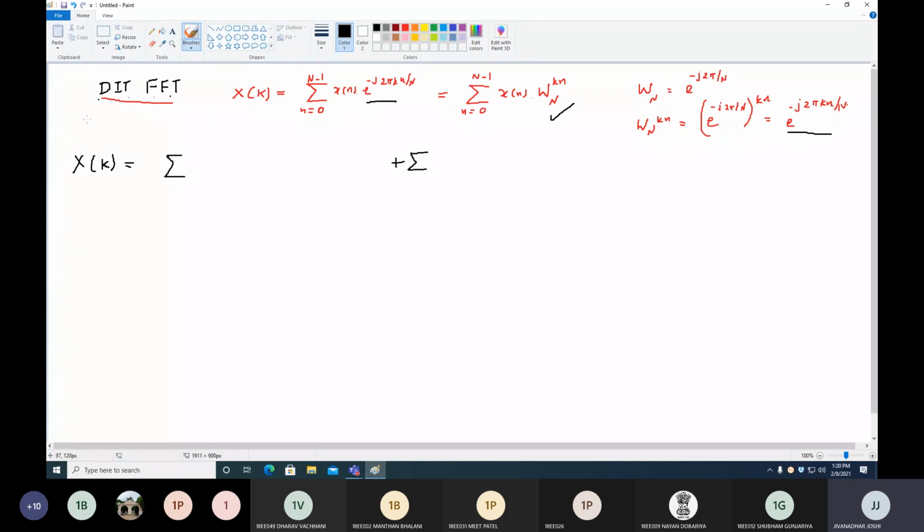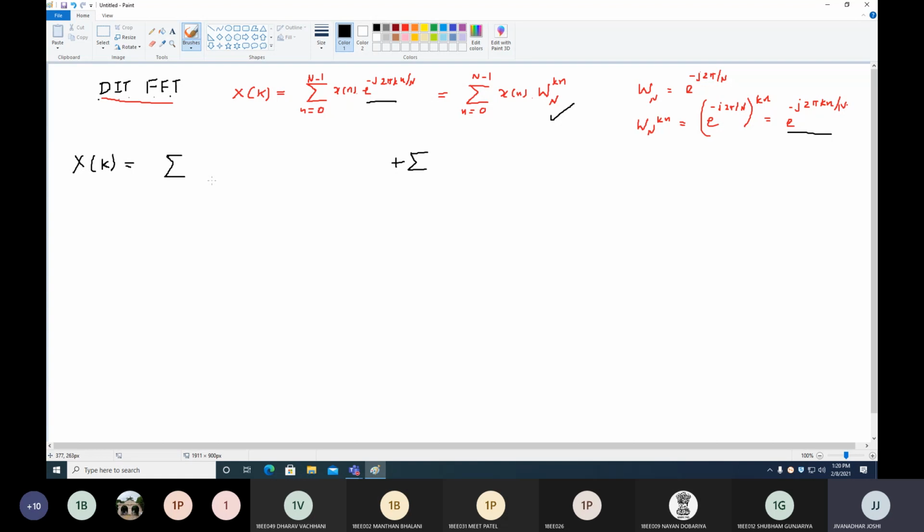But ultimately this total, that is summation part A plus summation part B, should be equal to summation n equal to 0 to N minus 1 x of n W_N raised to kn, right? It should not change my result, otherwise I cannot write down equal to here, as I am going to derive for X of k only.